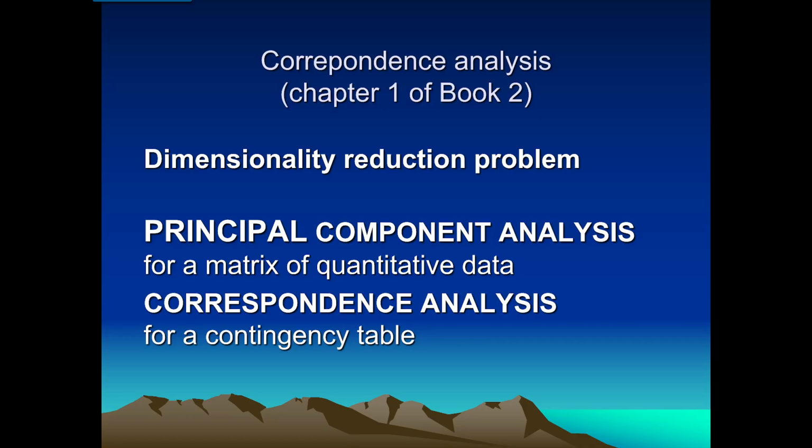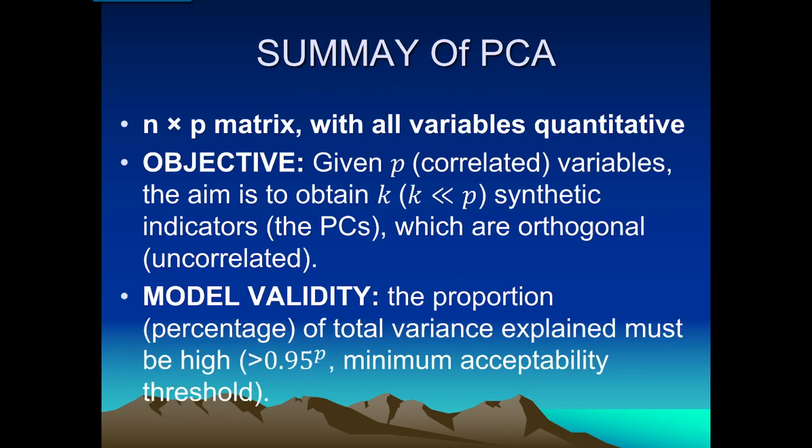So you have what we call a pivot table, a contingency table, where the entries are the frequencies. In PCA, you want to start from P and get to K, where K is much smaller than P. And then you have the total variance, which is explained.